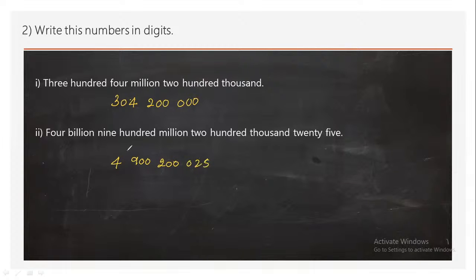Then how can we read? 4 billion, 900 million, 200,000, 25.